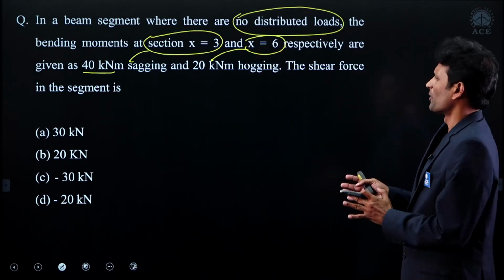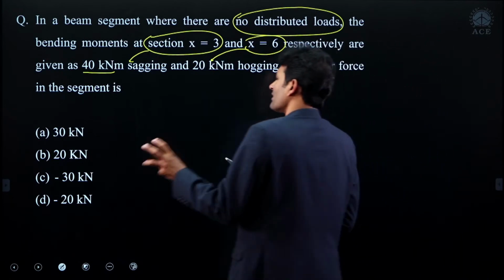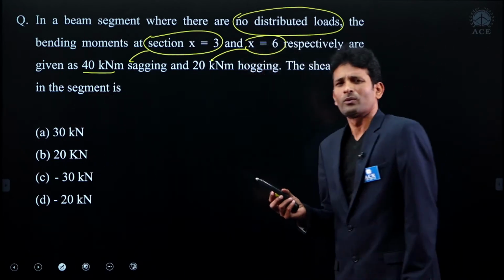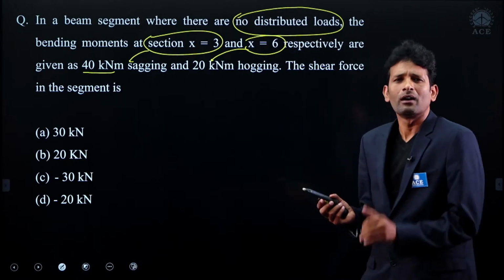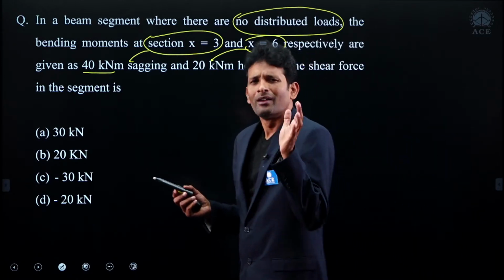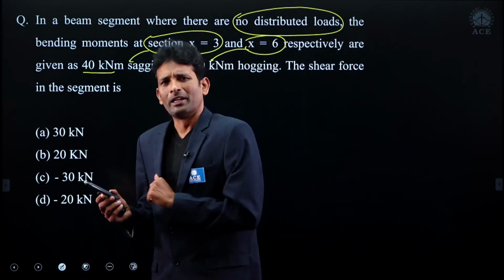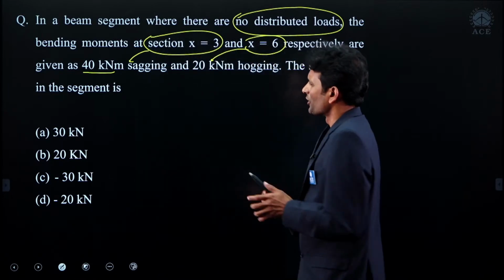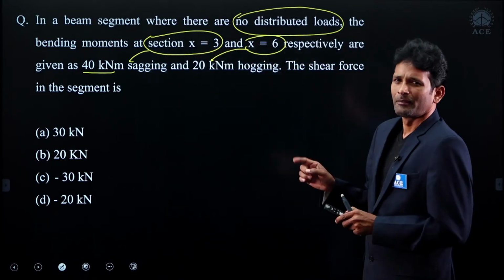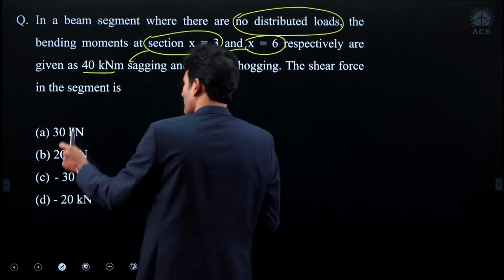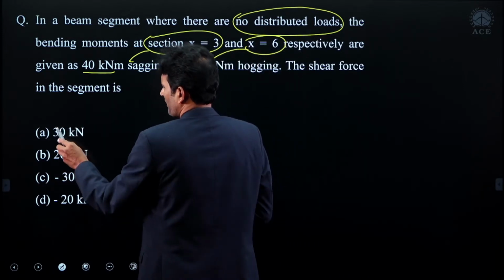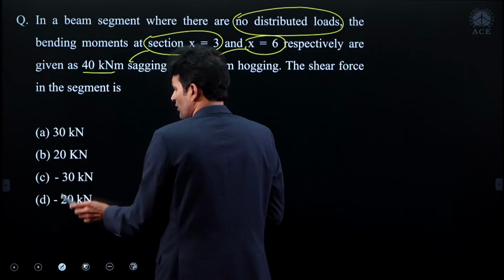See, why I am taking this problem is that generally people commit mistakes in taking the sign convention while using the relation between the rate of loading, shear force and bending moment. To avoid that, I am taking this problem. It's a very simple thing, but when you look at the options, confusion starts. Look here, a plus value and a minus value are given.